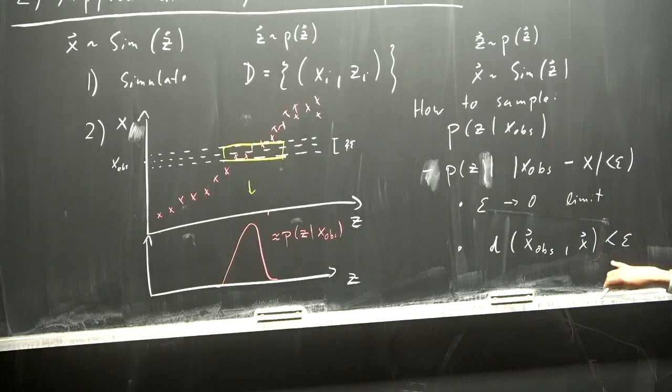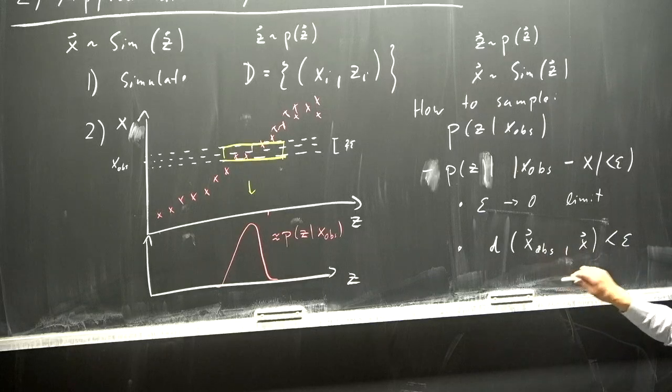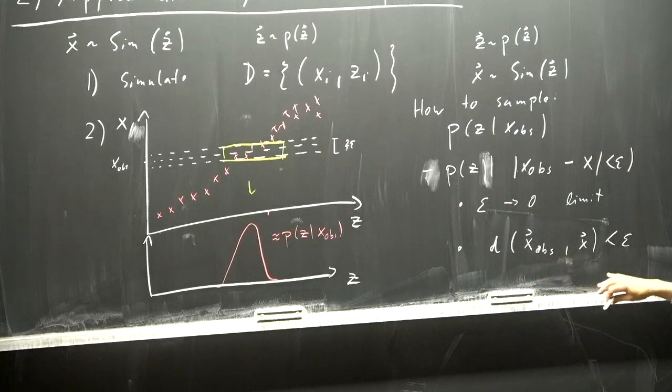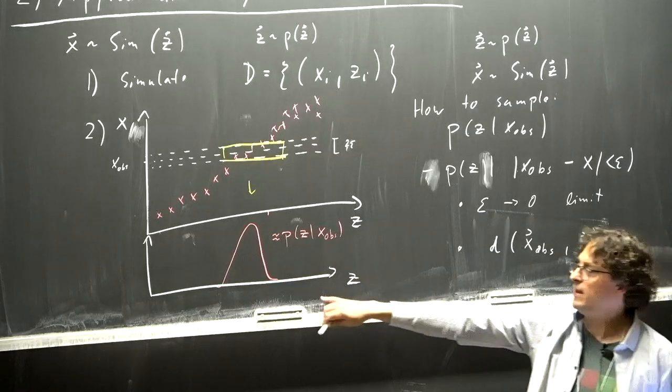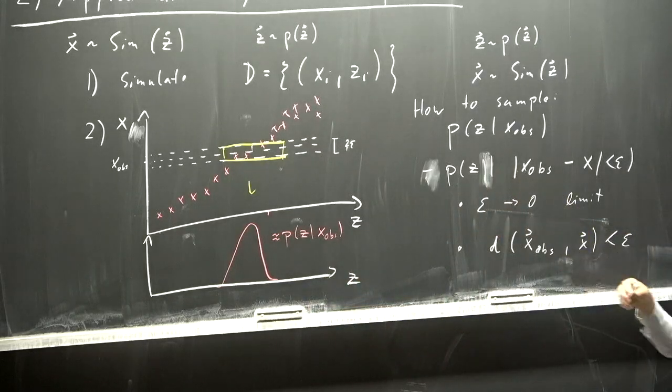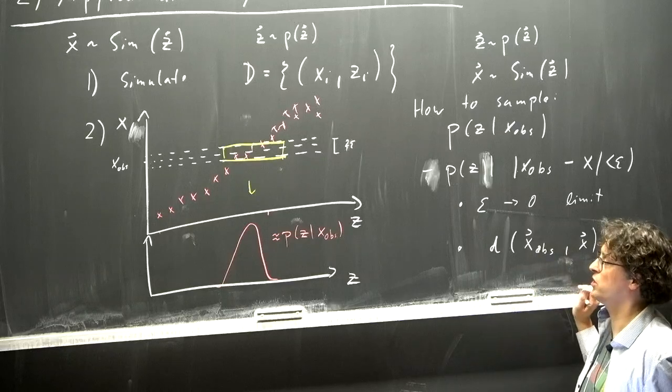But this becomes typically very inefficient because if you want to have a tight enough distance measure to get good posteriors, you typically end up with an acceptance rate of 0. Simply because in order to be accepted, if you make epsilon small enough, not only the model parameters have to be right, but also all the statistical fluctuations in all the pixels have to kind of nicely align with what you see in the actual observation for this to work.